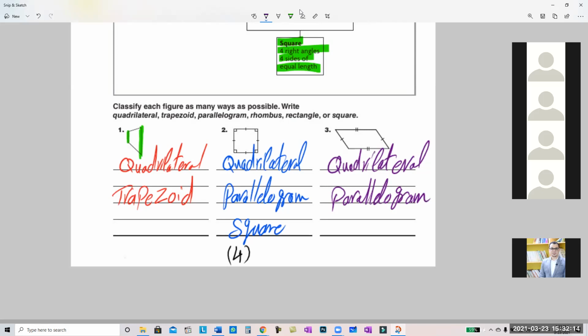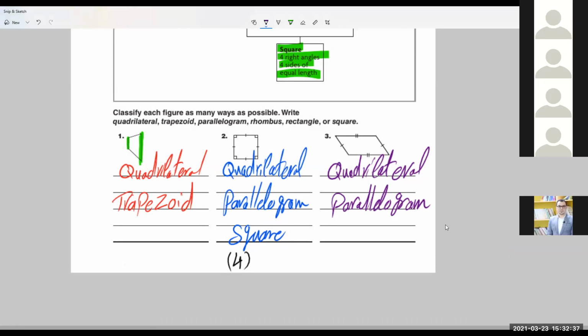Is there anything else? A rectangle. Do we have any right angles here? Any square corners? No. So that's it: quadrilateral or parallelogram. Okay, guys, write this and then we're gonna move to the next page. Thank you so much, my lord.